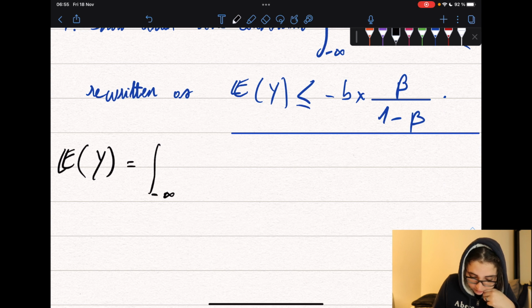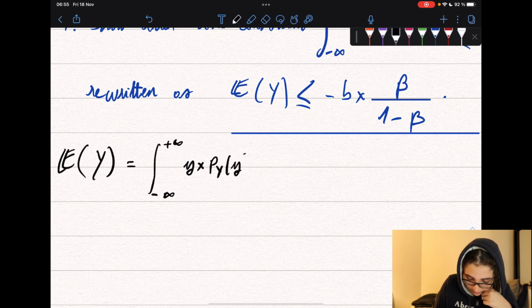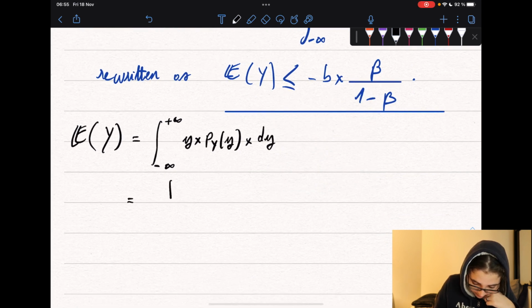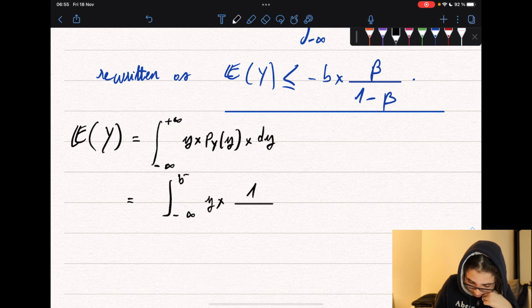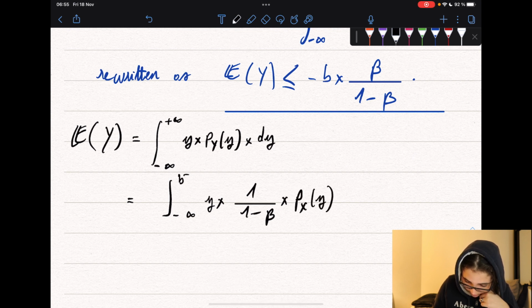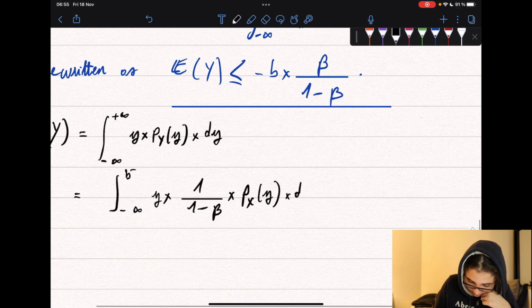So the expectation function of y is the integral from minus infinity to plus infinity of y times p_Y(y) dy, and this is none other than the integral from minus infinity to b of y times 1 over 1 minus beta times p_X(y) dy, plus the integral from b to plus infinity of 0.